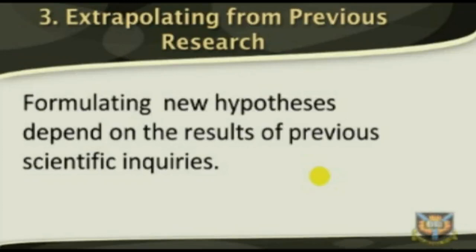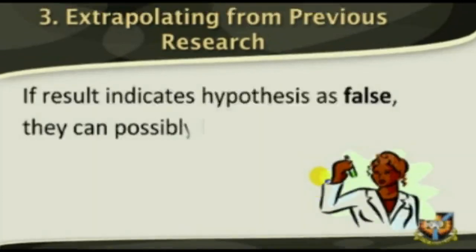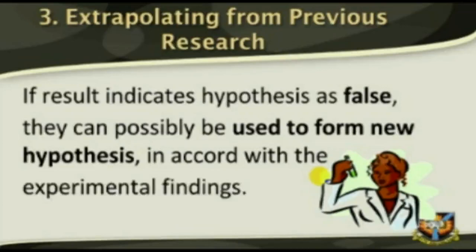For example, if the result indicates that the hypothesis is false, they can possibly be used to form a new hypothesis that is in accord with the experimental findings. In this case, the new hypothesis must be tested in a new experiment.